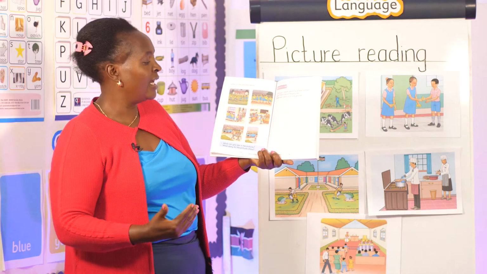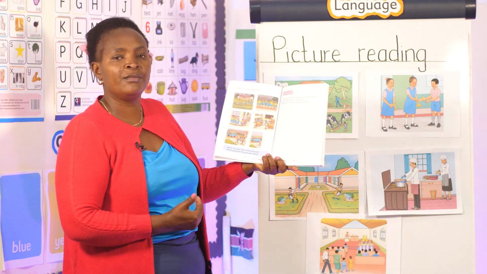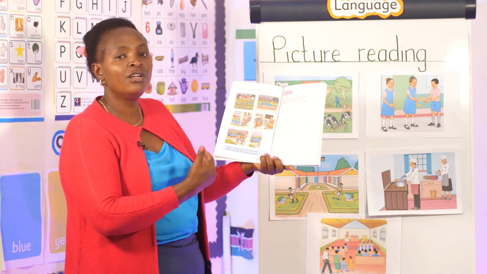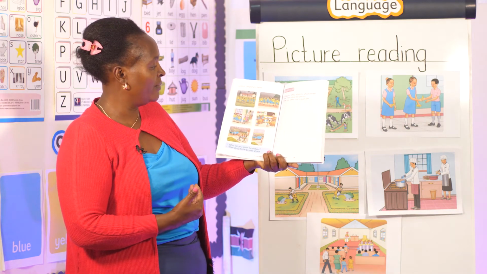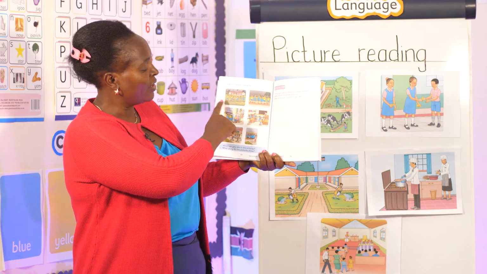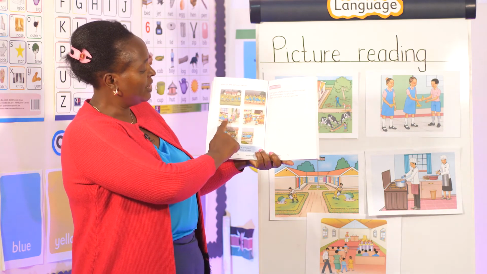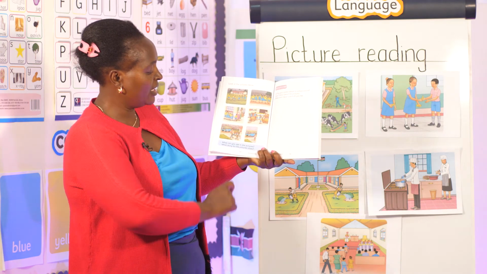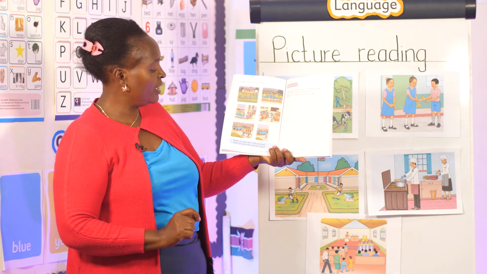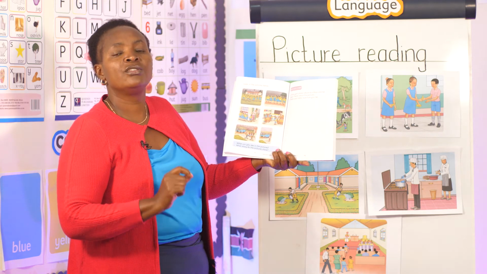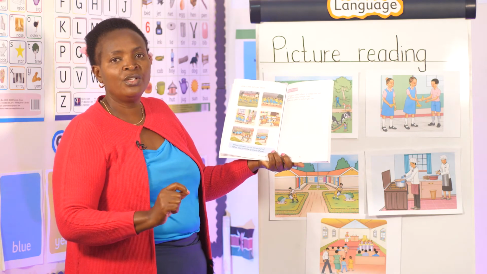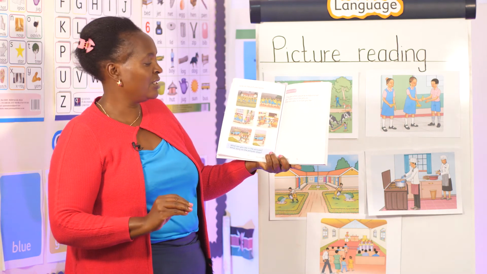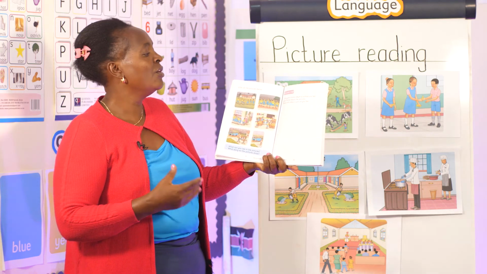As you're seated in the evening around the dinner table, you can discuss the pictures and tell what is happening in each one of them. So we have picture 1, picture 2, picture 3, picture 4, picture 5, and picture 6. What can you see in these pictures? What stories do the pictures show? Discuss that with your friends or with your parents or with your siblings and say what is happening.